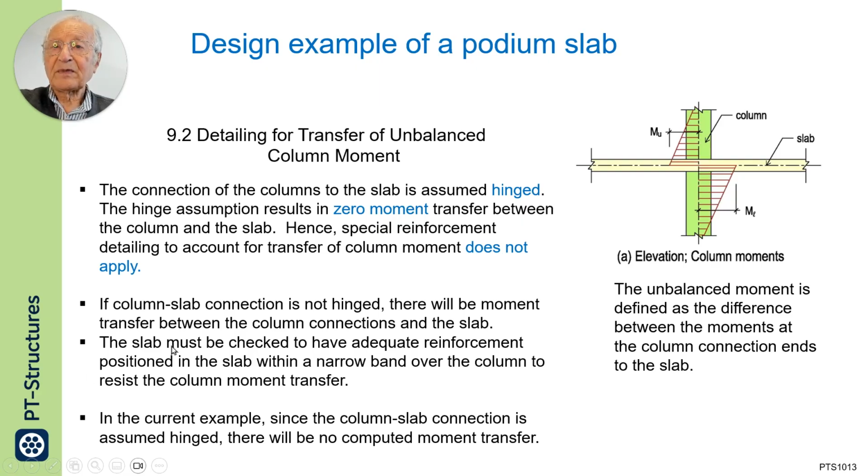The slab must be checked to have adequate reinforcement positioned in the slab within a narrow band over the column to resist the column moment transfer. The moment that is transferred to the slab, first, the slab already has that moment in it.